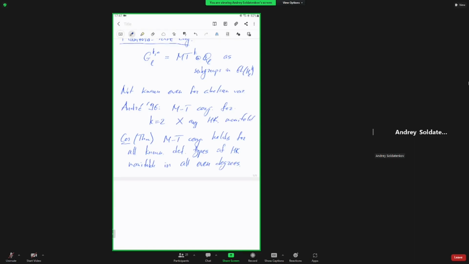All right, so let me stop here. The proof of this uses that the motives are abelian, and then one has to know something else about the cohomology of hyperkähler manifolds, namely that there is some natural Lie algebra action, and then it is quite easy to deduce the Mumford-Tate conjecture from the theorem. So okay, thank you. I think I'll stop here.